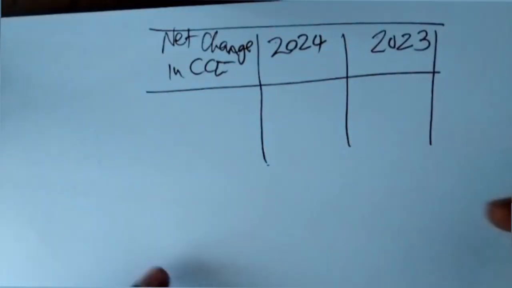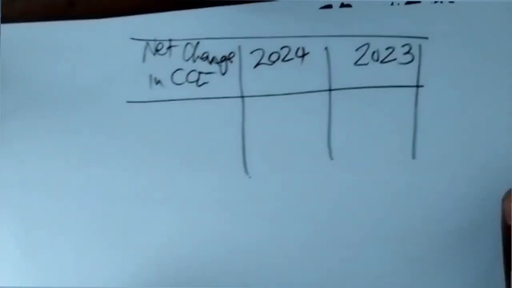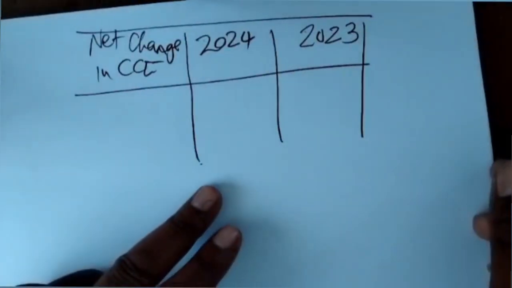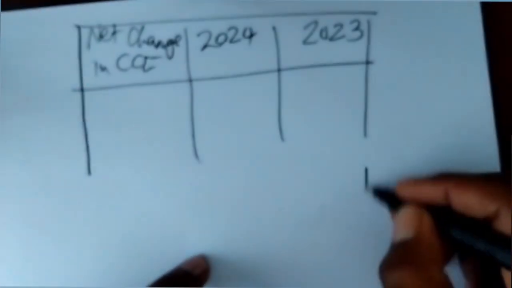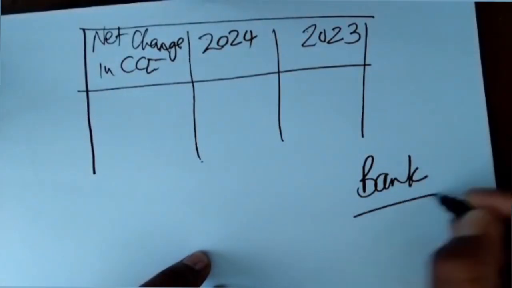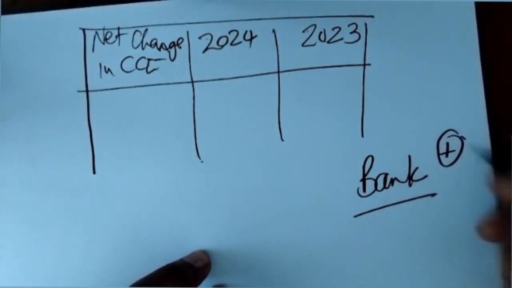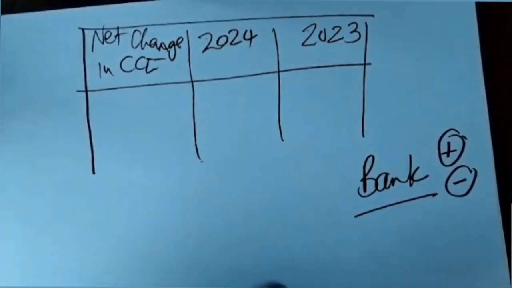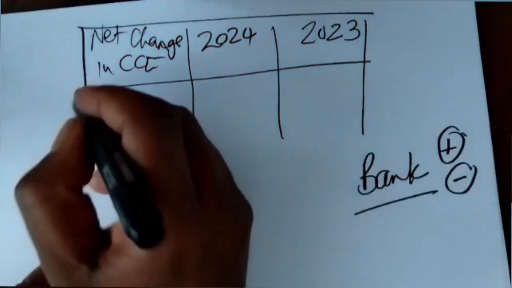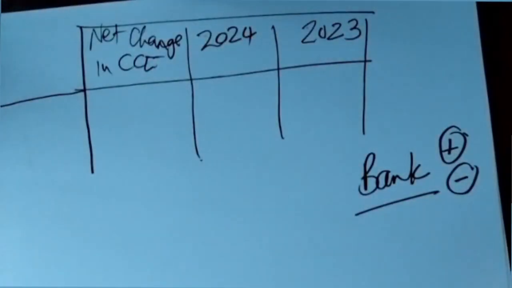Whenever they ask you to do cash and cash equivalents, there is always a catch: the bank can be positive if you have money in the bank, or the bank can be overdrawn, which makes it negative. That's your bank overdraft. Normally when they ask you to calculate net change in cash and cash equivalents, it's because the bank might be overdrawn.